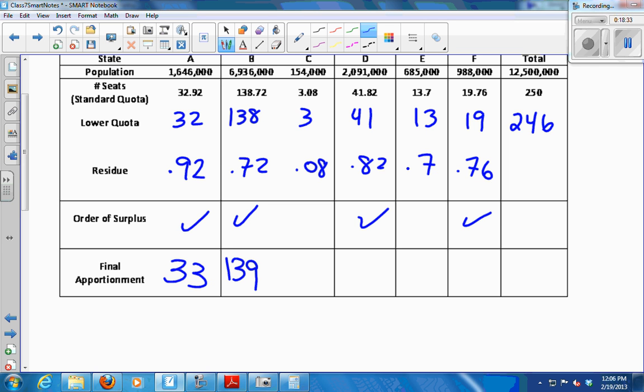It did not get one of the surpluses, so it ends up with a total of 3. 41 plus a surplus is 42. 13, no surplus. 19 plus a surplus is 20. Now when I add these up, I get 250 seats. So that's my final apportionment using Hamilton's method.